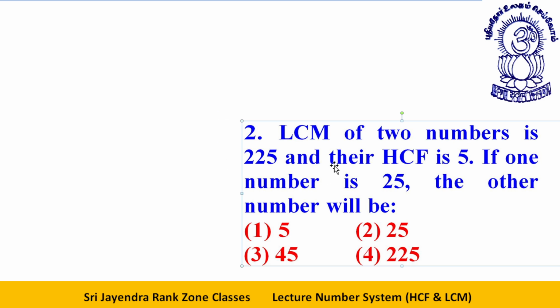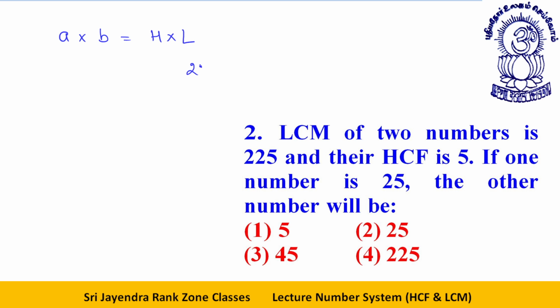LCM of two numbers is 225 and their HCF is 5. If one number is 25, the other number is? Very easy. We know the formula. A into B is equal to H into L. LCM of number is 225 and their HCF is 5.